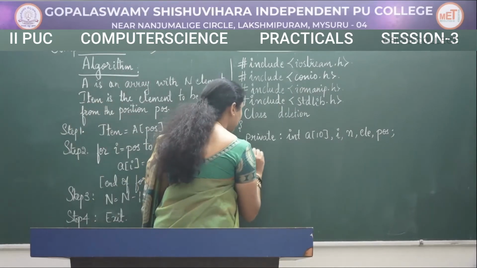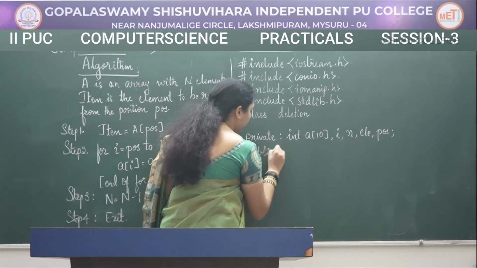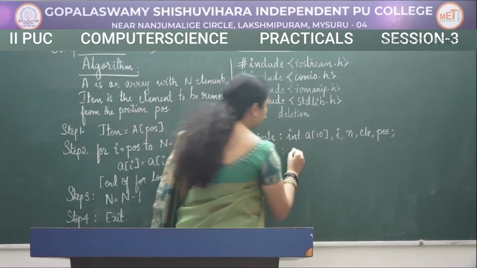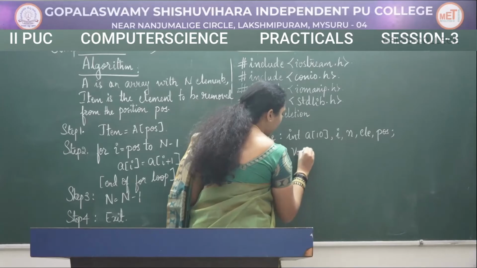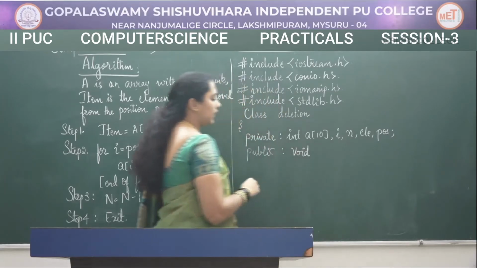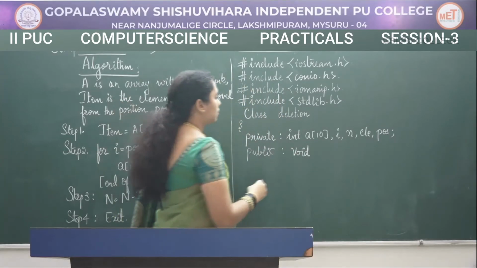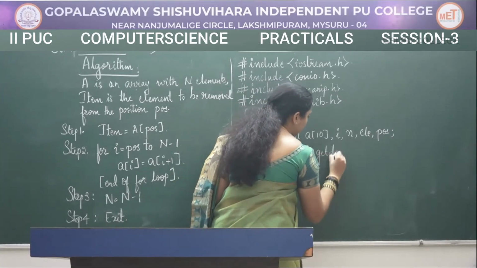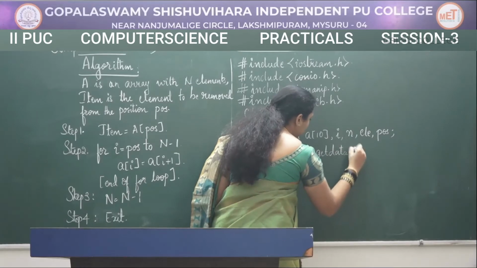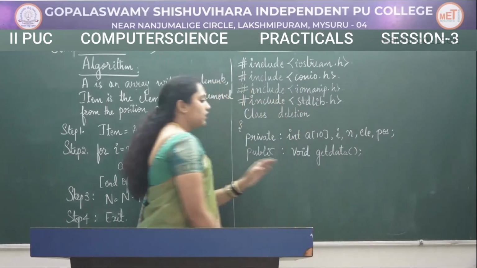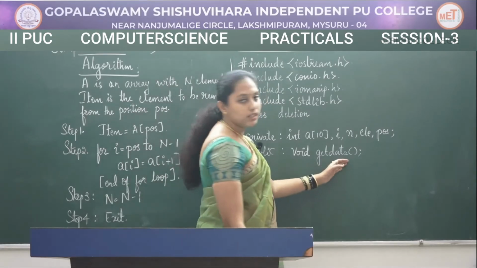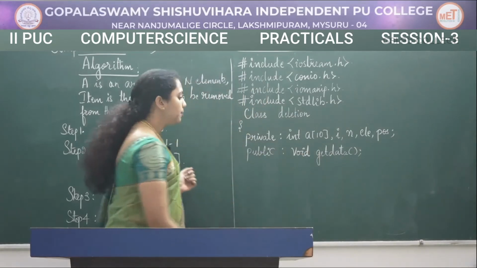In the public section, I am going to declare the functions. The return type is void, as it does not return any value. Get data function is used to accept the required values from the user.